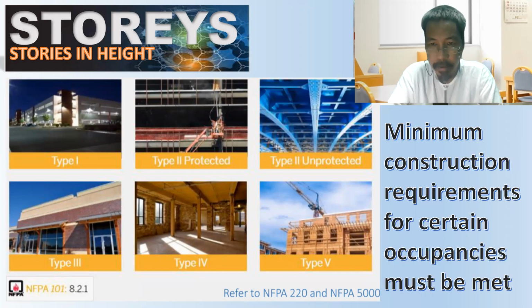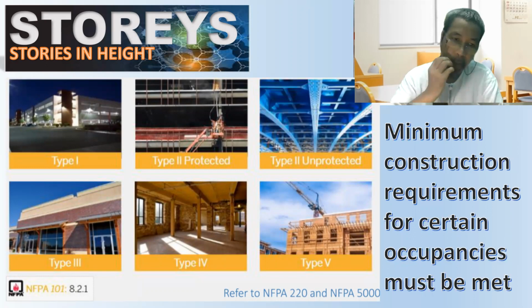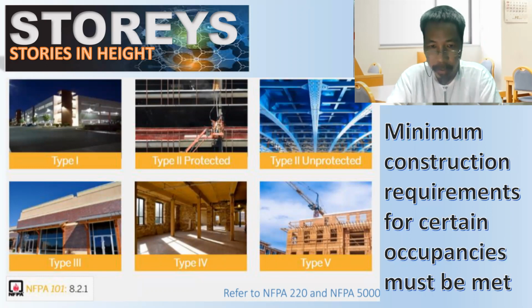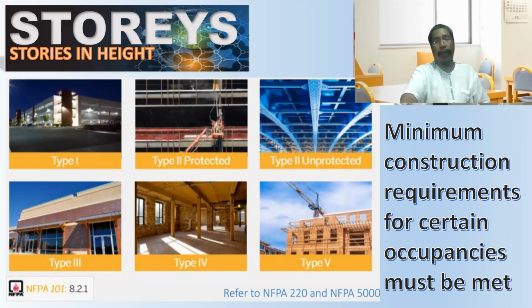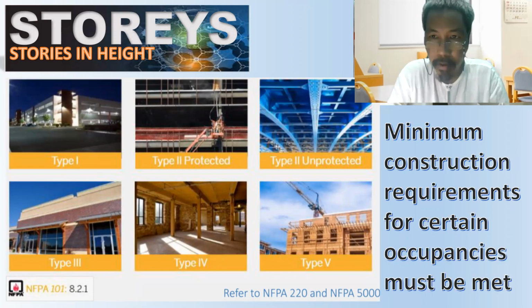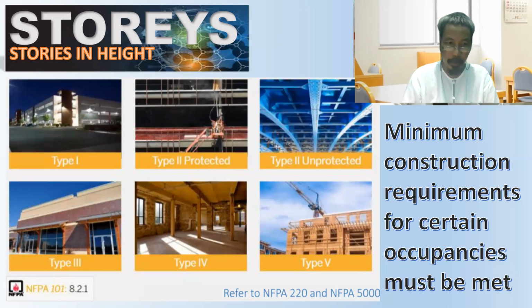So minimum construction requirements for certain occupancies must be met. Okay, so this is also with the reference from NFPA 220 and NFPA 5000. So NFPA 101, it is actually on subsection 8.2.1.